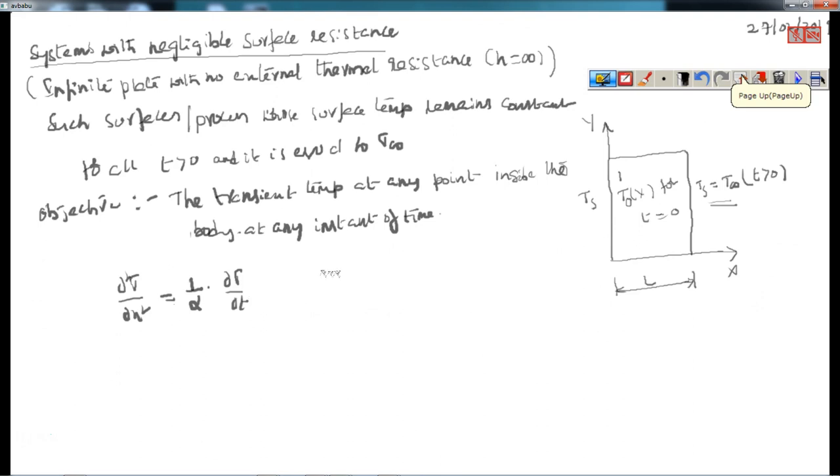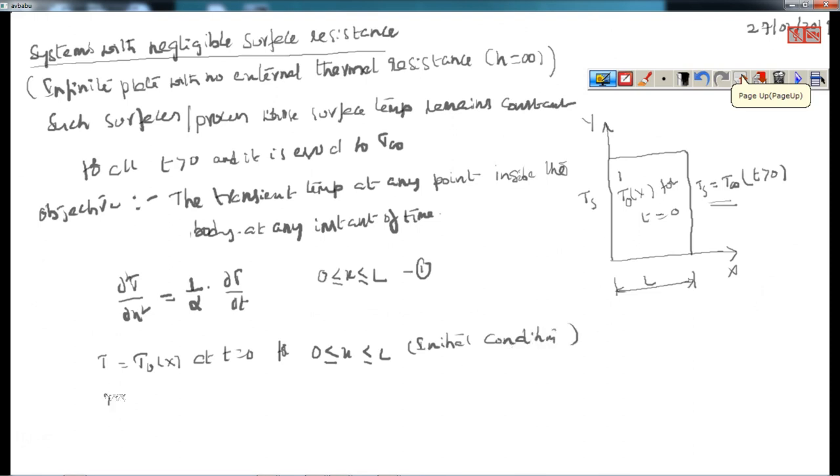This is for a system of 0 less than x less than or equal to L, the mathematical formulation of it. And here the boundary conditions are T equal to T0(x) at t equal to 0 for 0 less than or equal to x less than or equal to L. This is called the initial condition. Initially this is the condition.